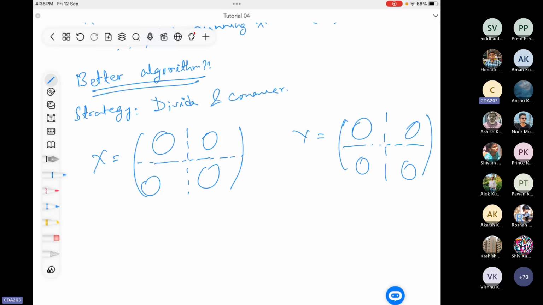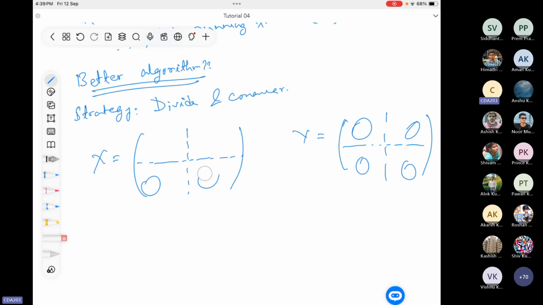That would be n by 2 cross n by 2. So these are perfect for me to apply my recursion. This is a good subproblem because I have reduced our n cross n matrix to smaller n by 2 cross n by 2 matrices. Okay, so this is the idea.